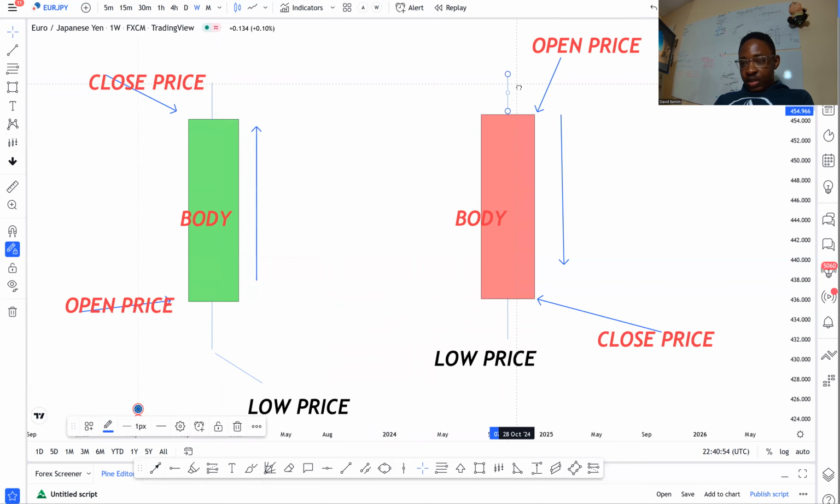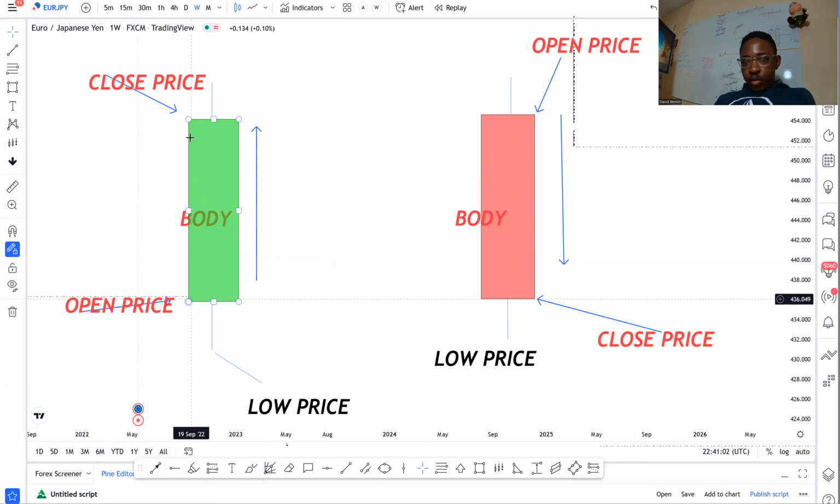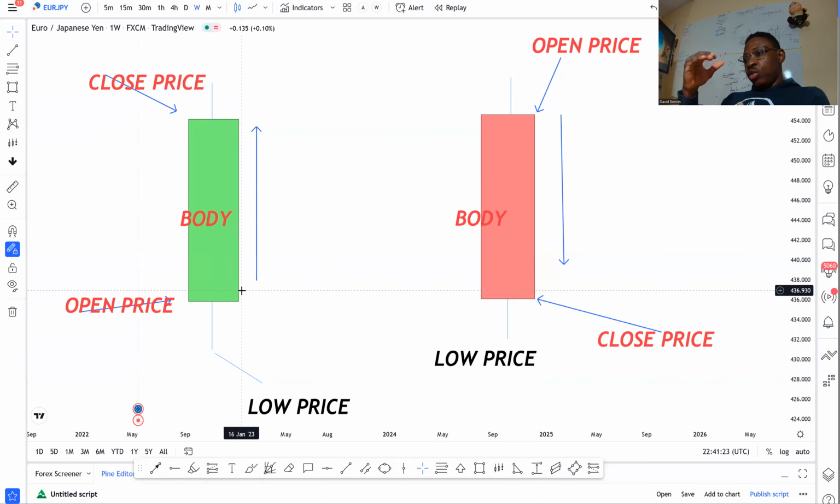I don't know if this explanation makes sense. So where we start from is called an open price. Where we end is called a close price. But if we open here and happen to come down a little bit, the body of the candle only represents the distance between the open and the close.